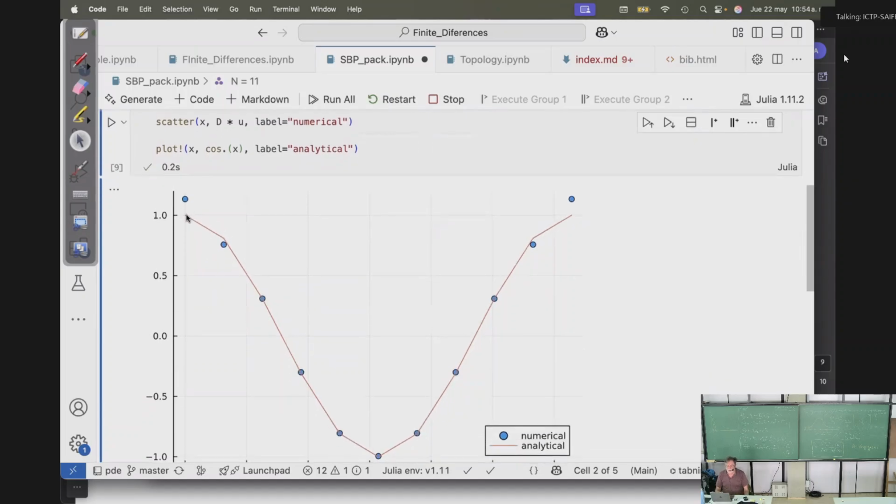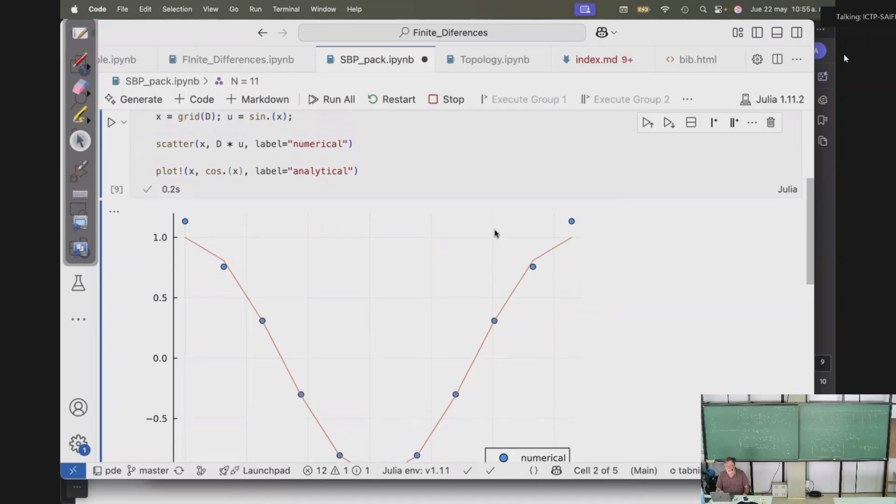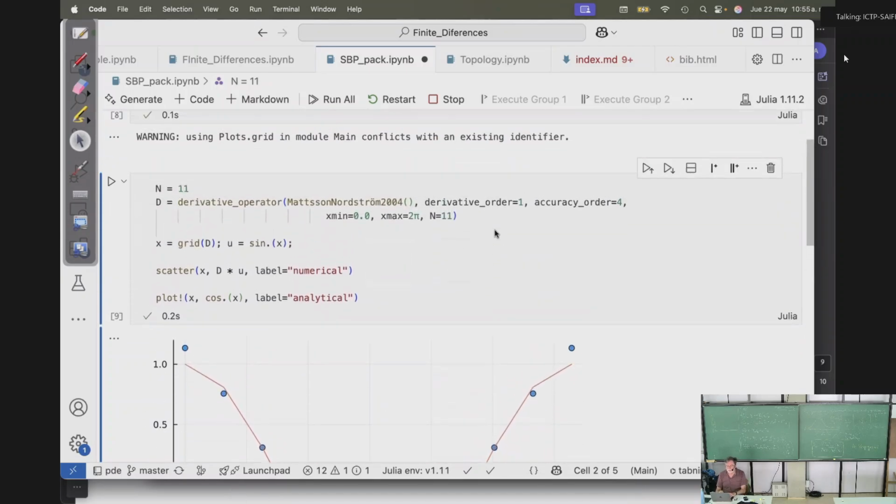So these are the points of the derivative, the numerical calculation, and this is the true values, right? So in the boundary it is a bit bad because we have less definition.